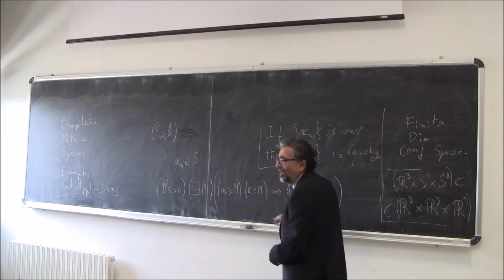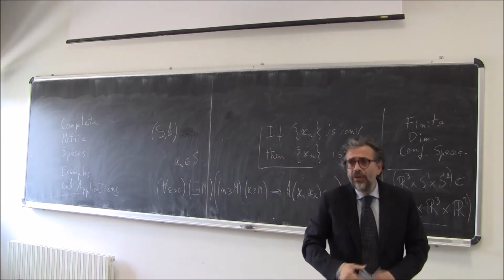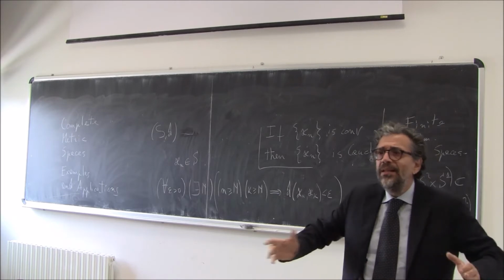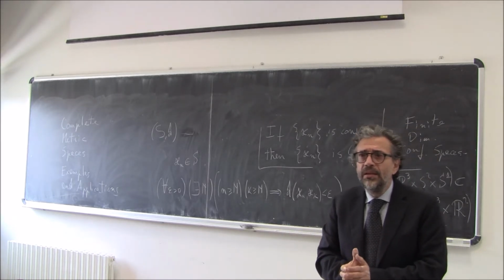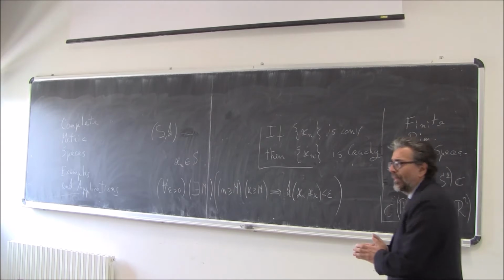So in general, the set of Cauchy sequences is bigger than the set of converging sequences. Okay?